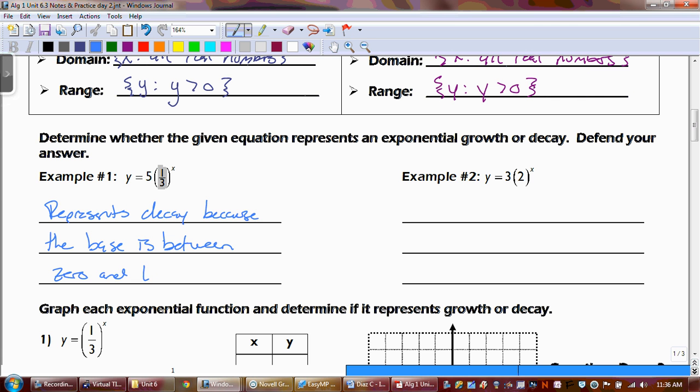Example number 2, growth or decay. This represents growth because the base is greater than 1.